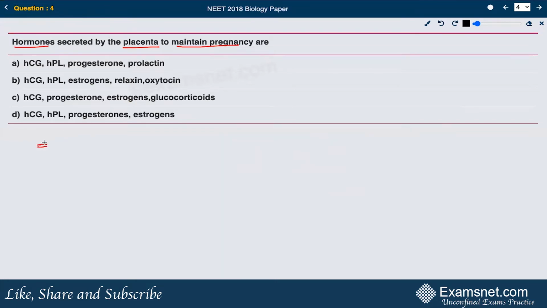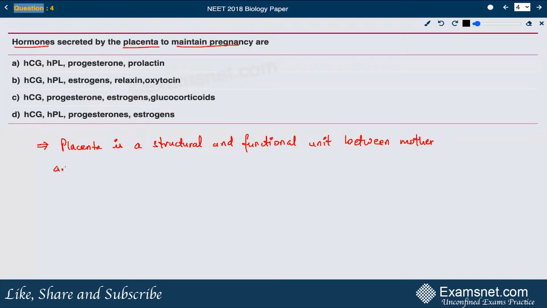So basically we can say that placenta is a structural and functional unit between mother and fetus.